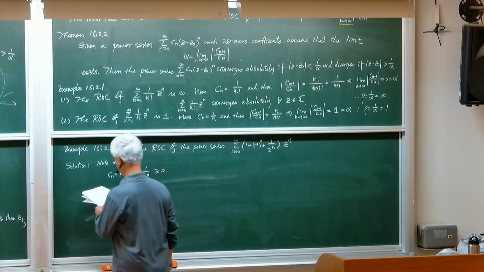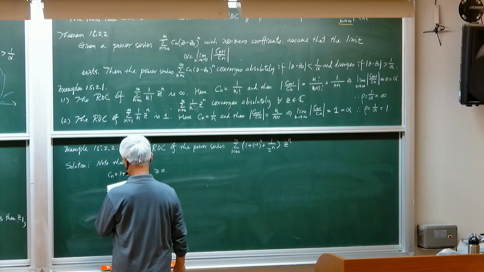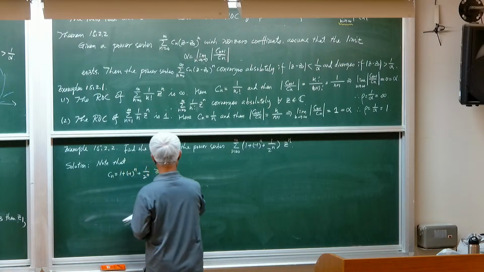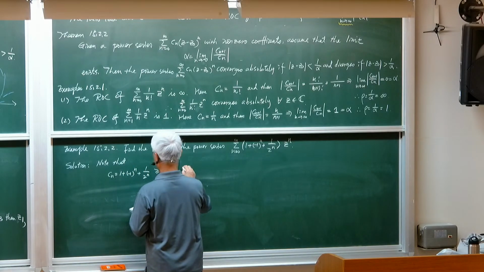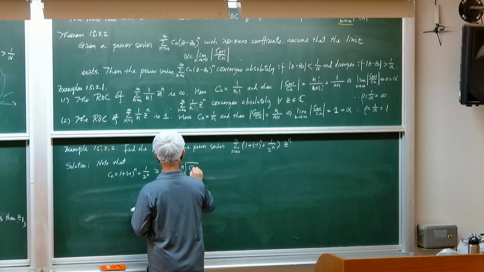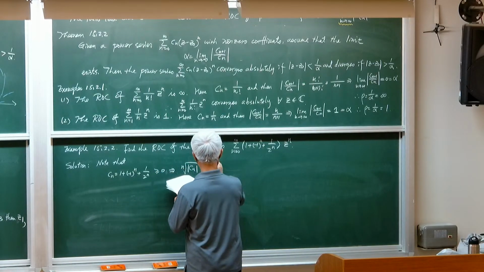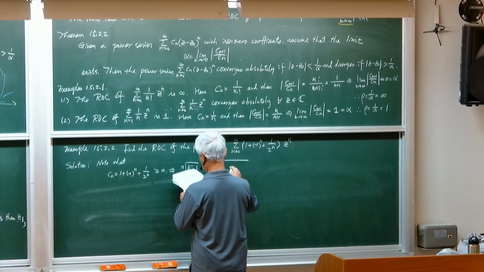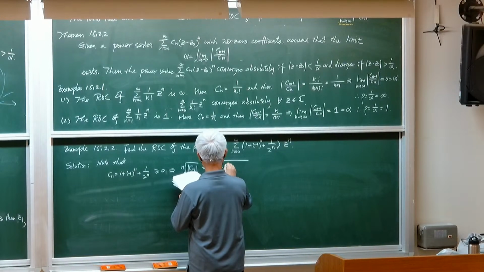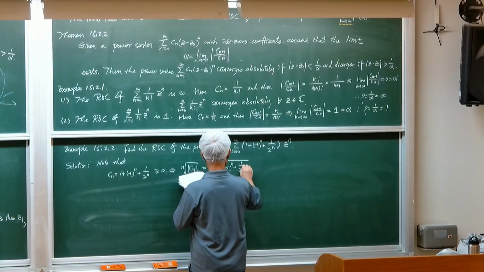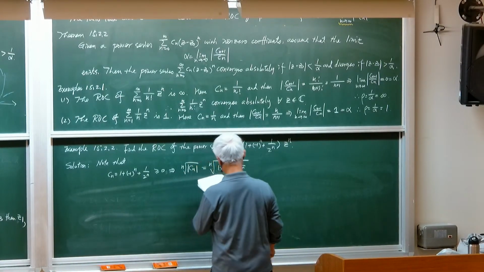So the nth root of Cn is equal to the nth root of 1 plus (minus 1) to the n's power, to the 1 over 2n here.